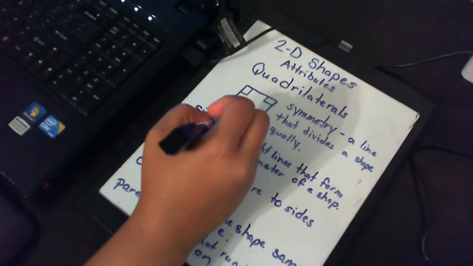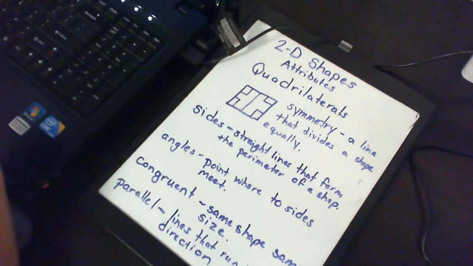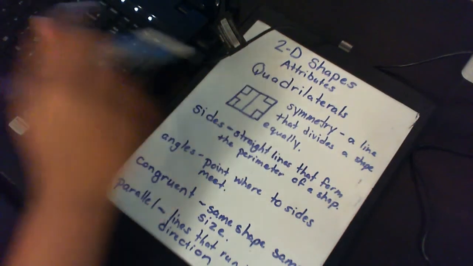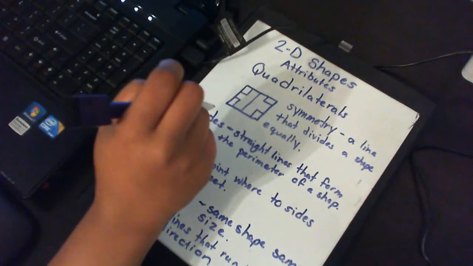So in this example, if I was to draw a line down here, then in essence, what's on this side is what's on that side. So they're the same on both sides.